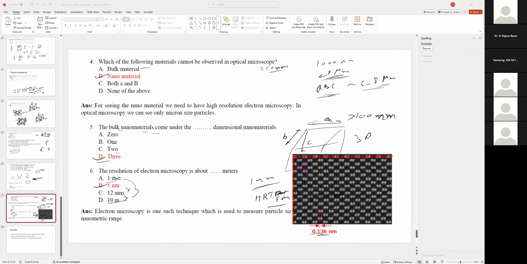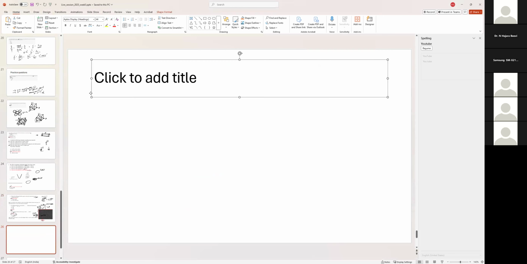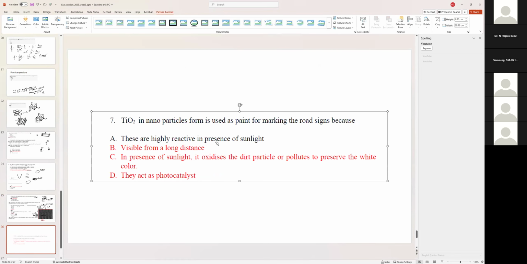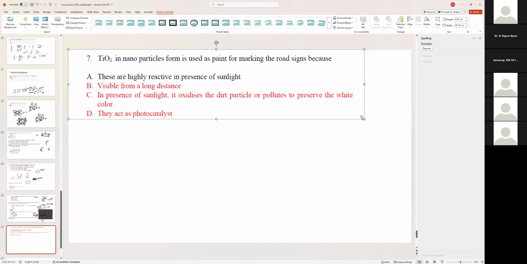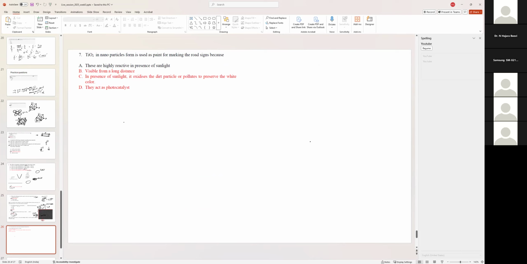Why are titanium oxide nanoparticles used in road paints? Why is titanium oxide used to form paint for marking road signs? Titanium oxide nanoparticles are white in color, so they are visible from a long distance.